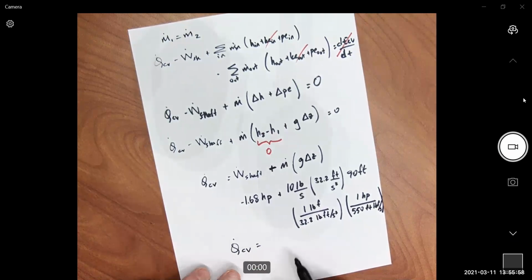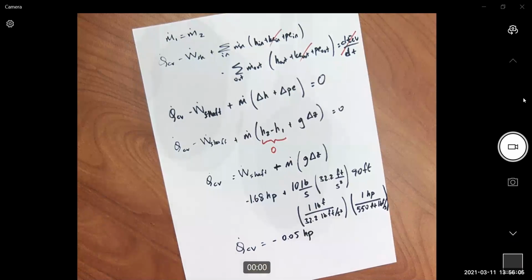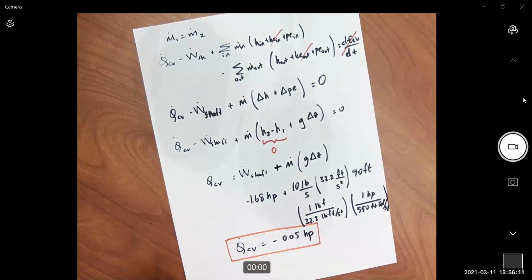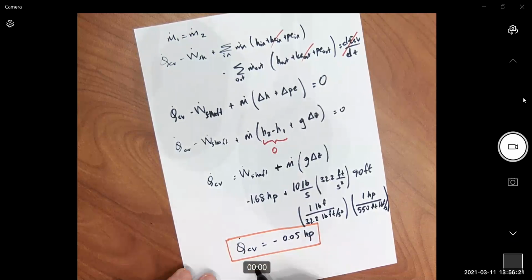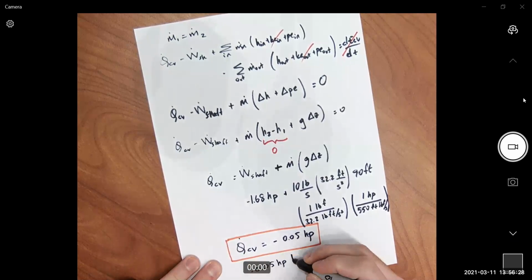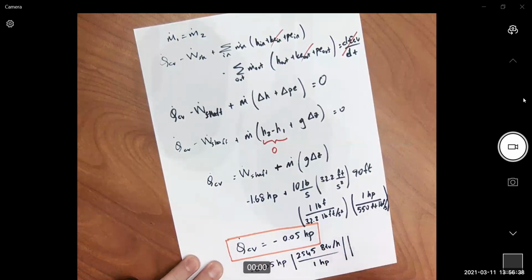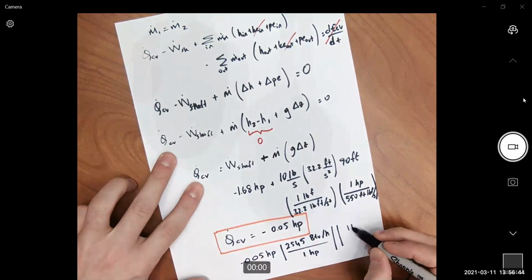Rate of heat transfer will be minus 0.05 horsepower, and in BTU per minute, minus 0.05 horsepower times 2,545 BTU per hour per 1 horsepower, and 1 hour.